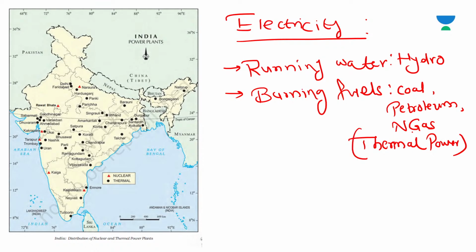Now, once generated, the electricity is exactly the same. These are the ways of generation of electricity.